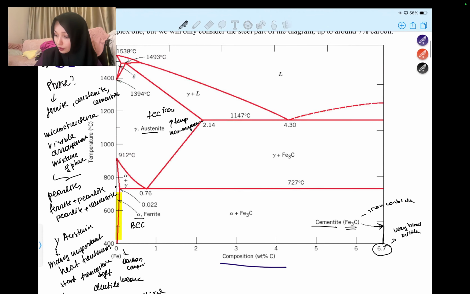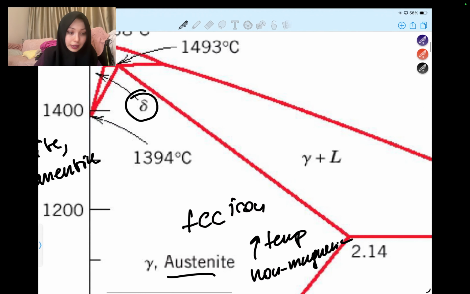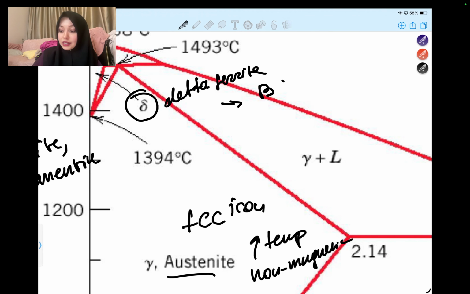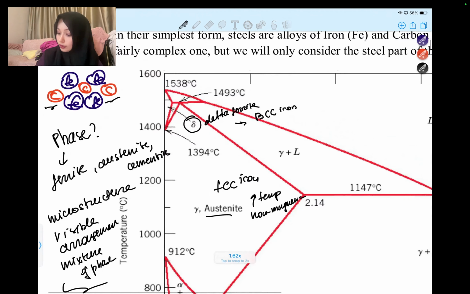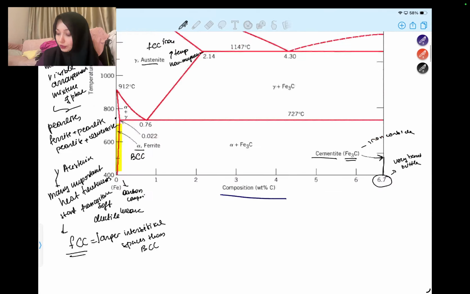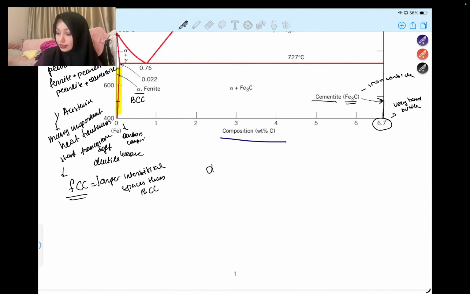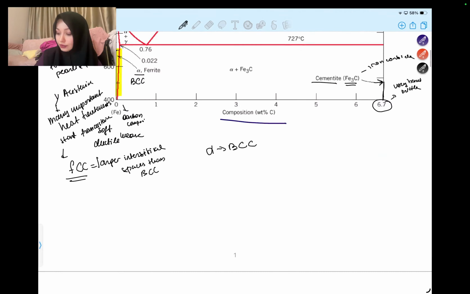And then we also have such a thing as delta iron. You see here? Okay. Sorry, delta ferrite. This is delta ferrite. Delta ferrite is also BCC iron, but it only exists at very high temperature. So the thing is, ferrite is also BCC, and the delta structure is also BCC.